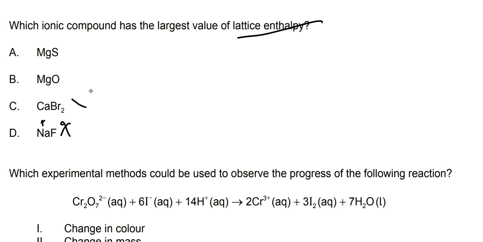It's not going to be Br2 because Br2 consists of bromide ions, which are all -1, whereas oxygen and sulfur are -2, which is going to be something of greater charge density. Next, we're going to consider how strong these are compared to each other. Sulfur has a lower electronegativity than oxygen.